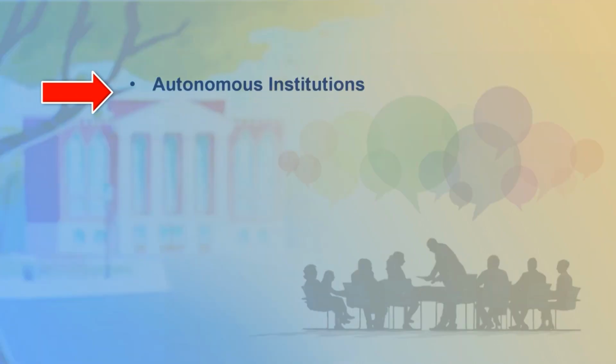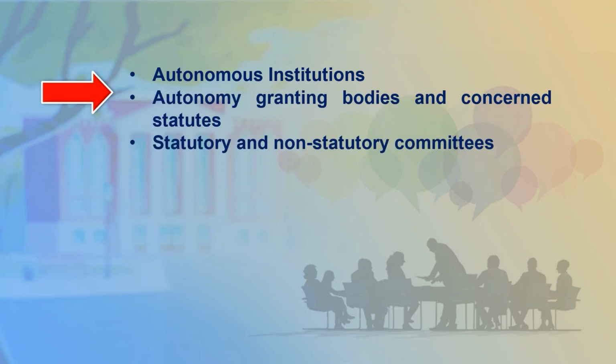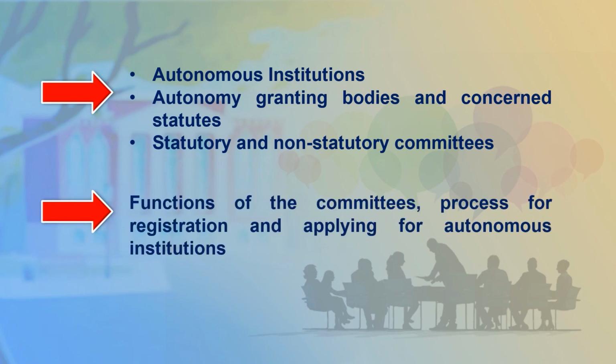Autonomous institutions, autonomy granting bodies, statutory and non-statutory committees will be discussed in this video, and functions of the committees, process for registration and applying for autonomous status are included in the second video.